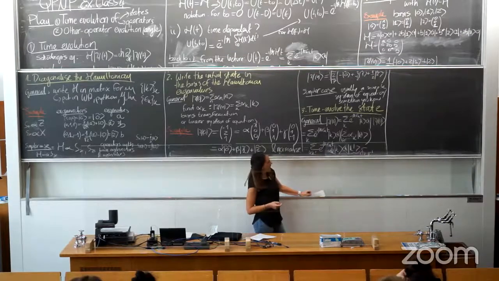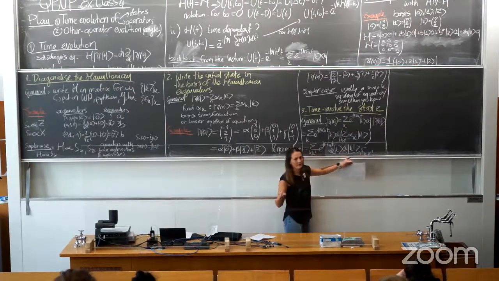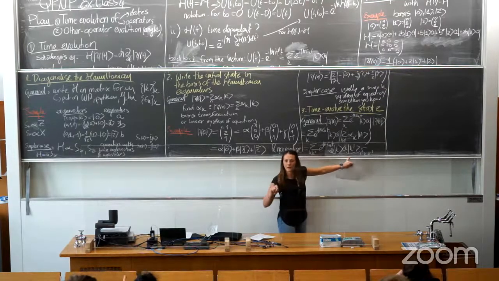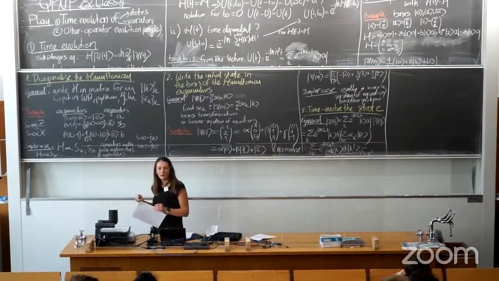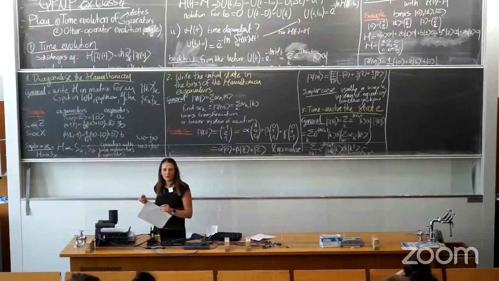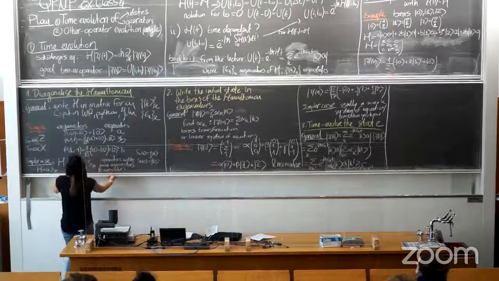Perfect. Yeah, this is a delta because the eigenvectors are an orthonormal basis. Yes? Okay, yeah, so here these are normalized. Yeah, so eigenvectors normalized.